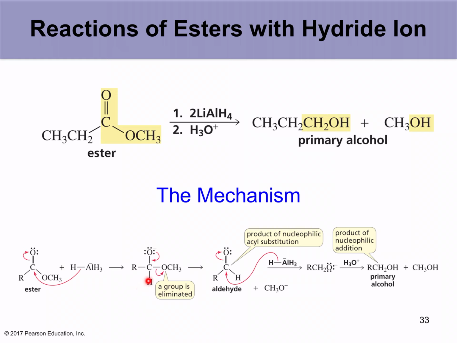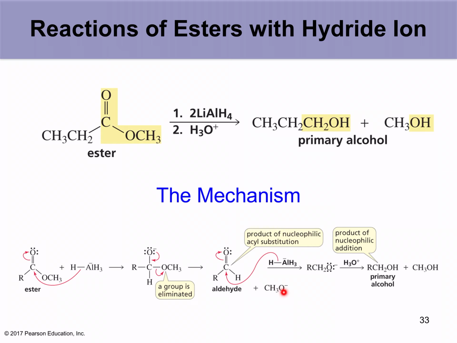And then there is a group that you can eliminate. You are not breaking a carbon-carbon bond. You are breaking a carbon-oxygen bond, which is much more feasible than breaking a carbon-alkyl group or carbon-hydrogen. So the pi bond reforms, forming the aldehyde, and you leave the methoxide group.